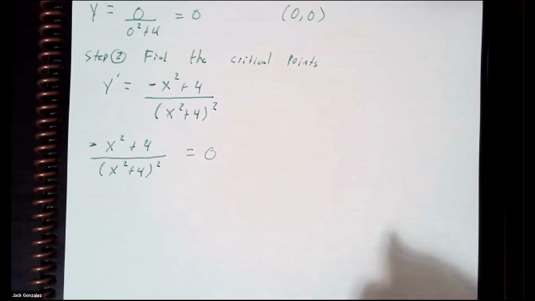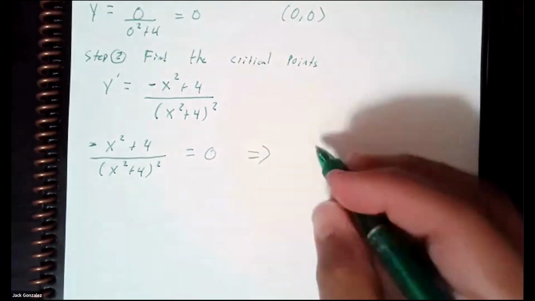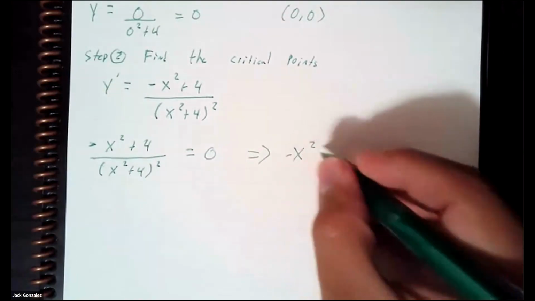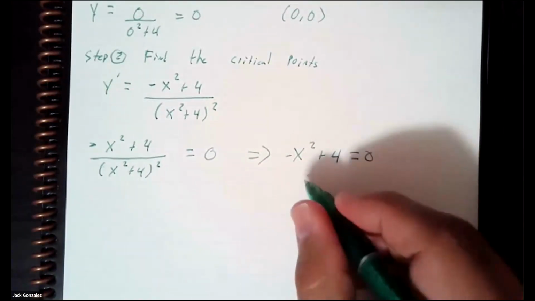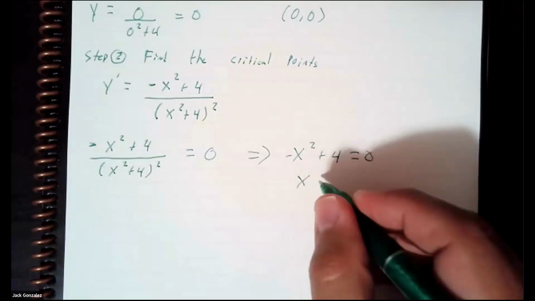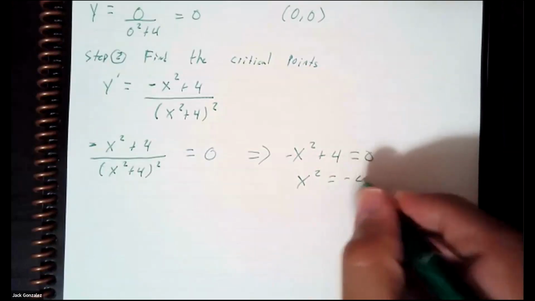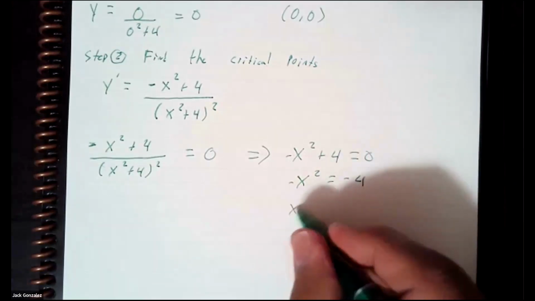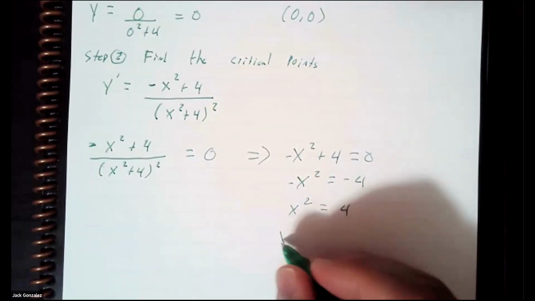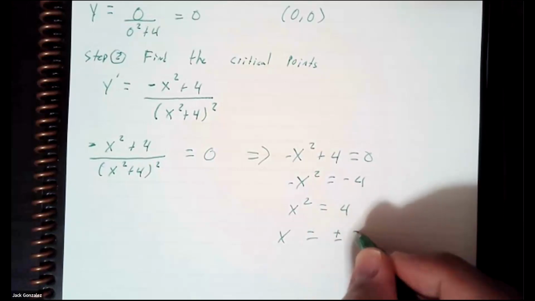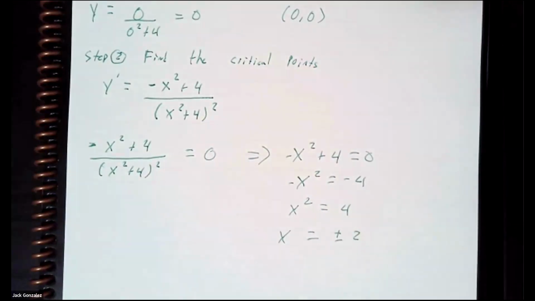So we said earlier, you can just set the numerator to 0. So x would be plus or minus 2. That's step 2.